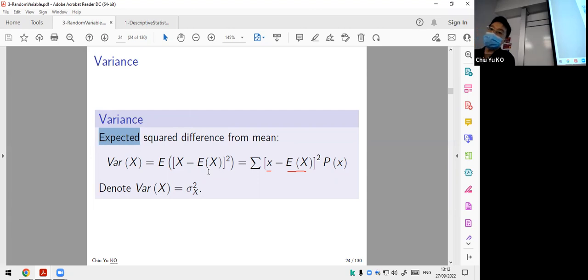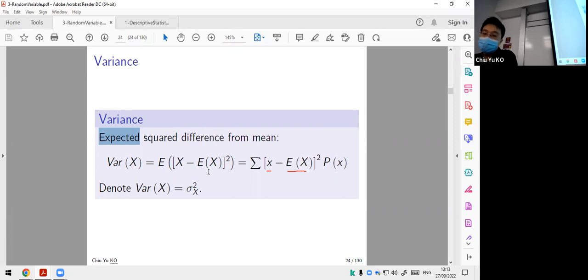Just to remind you, it's like you repeat this experiment many times and record the outcomes as dictated by the random variable. You record those numbers, calculate the mean as usual, and you can calculate the variance as usual, and this variance is what you get.